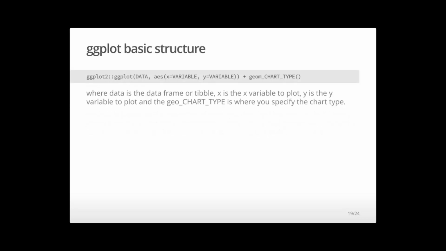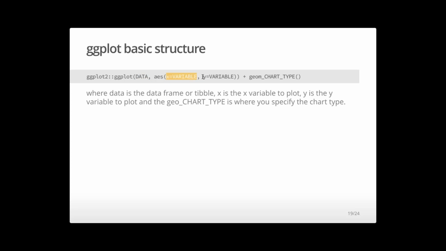The basic structure for a ggplot call is, here's our function ggplot. We pass in our data, which is the name of our tibble or our data frame. Then we pass in what we call our aesthetic values, AES, which looks like a function within the function, right?